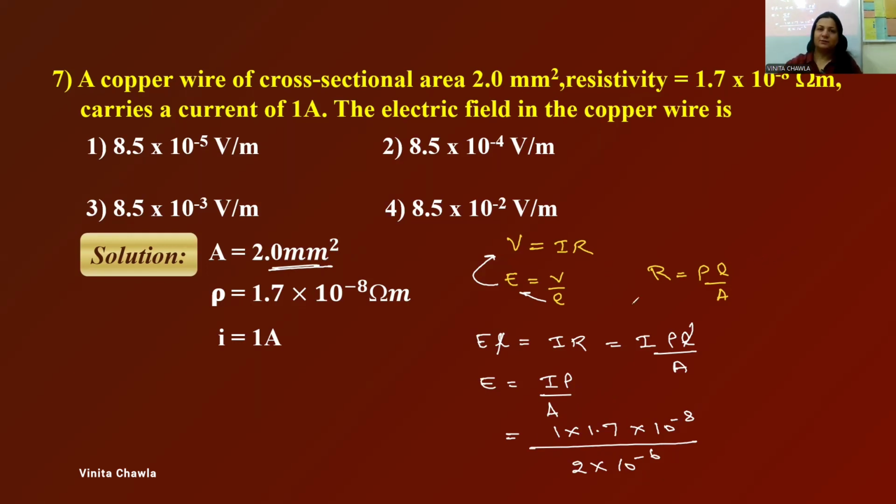Now you will get the answer. It's 8.5 into 10 power minus 3 volt per meter. But it's the third option, not the fourth. We have 10 power minus 3. We're getting 0.85, no?